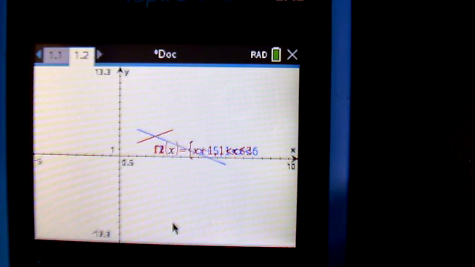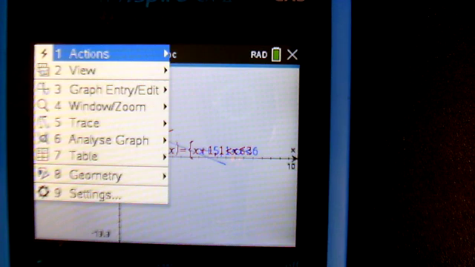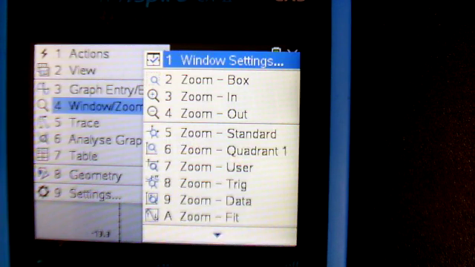You might notice that these two equations do not really look perpendicular at all, and that's because my scales are different on my two sets of axes on my graph. The distance between 0 and 1 is different on both of the axes. So to fix that, I need to go to menu, then window zoom number 4, and then I go to B, which isn't on the screen.